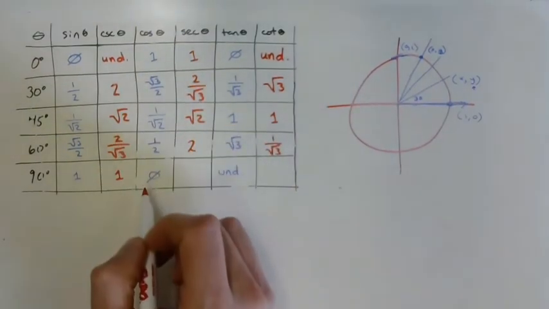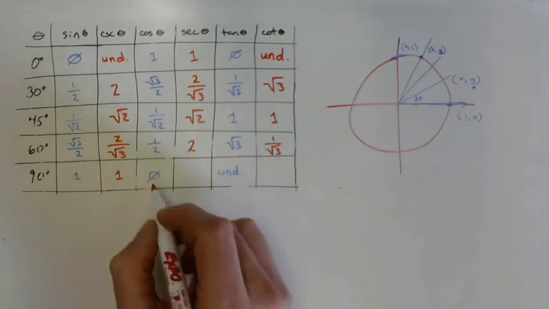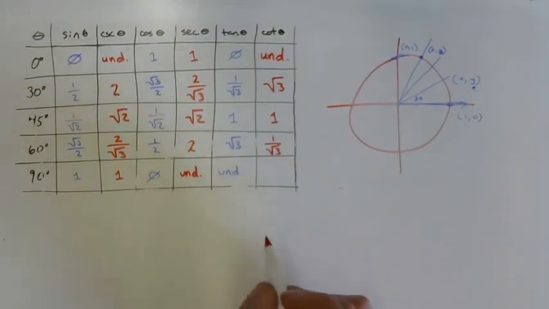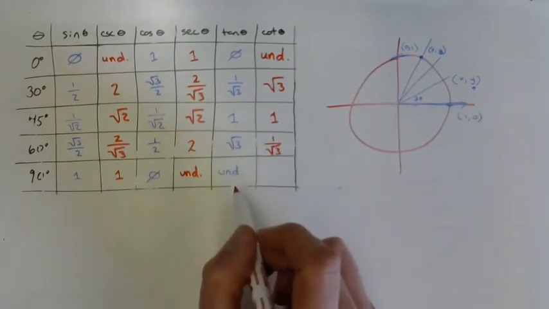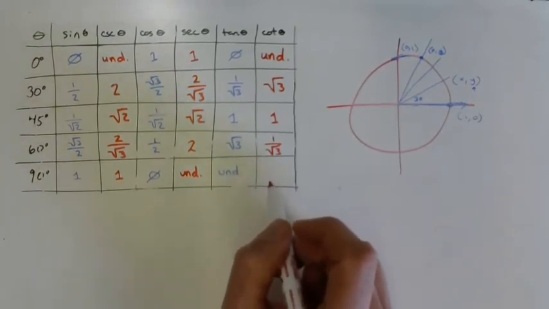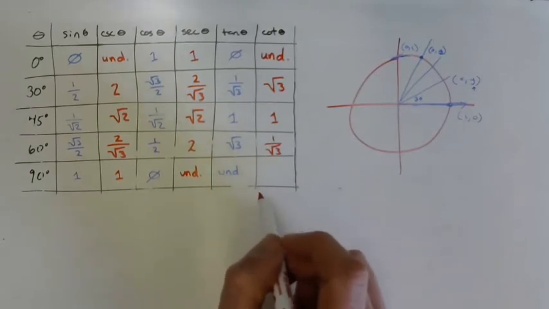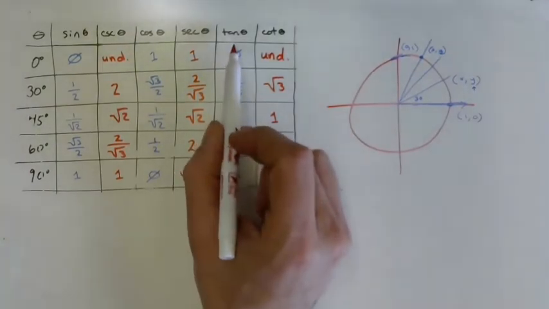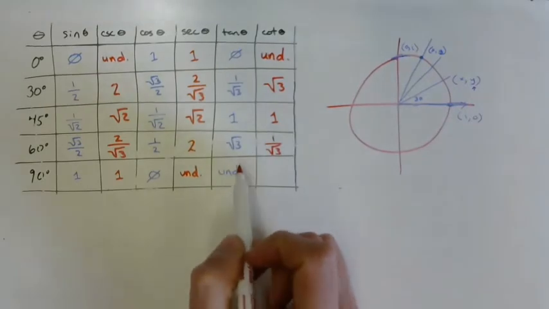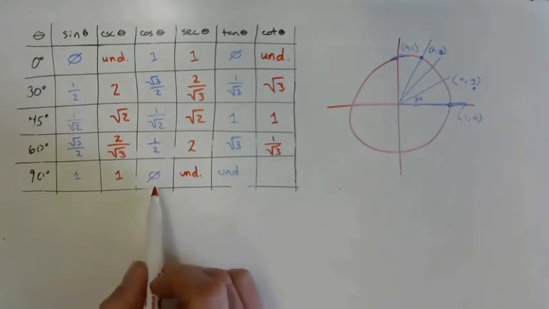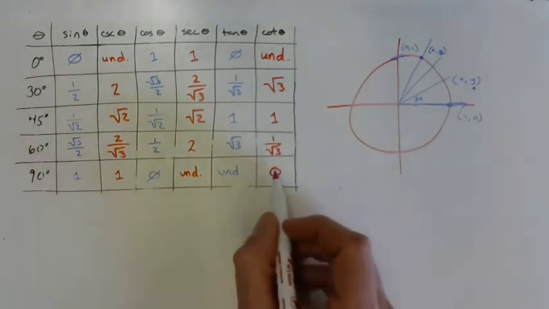Secant at 90 degrees is the reciprocal of 0, which is undefined. And here it's a little bit harder to go from an undefined to something else. So you're best off just kind of looking at this and analyzing what's happening here. If tangent is sine over cosine, then cotangent is cosine over sine. So it's 0 over 1, which is 0.